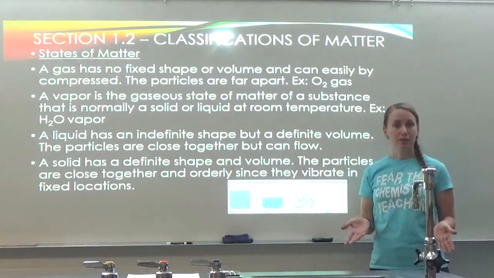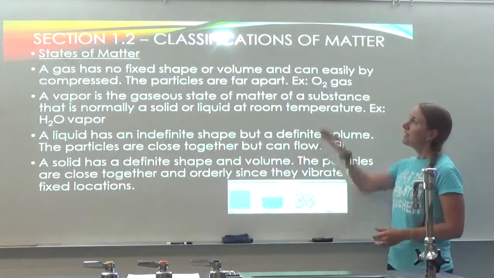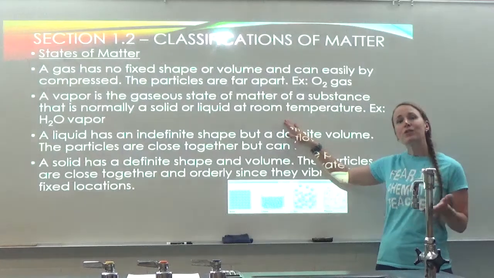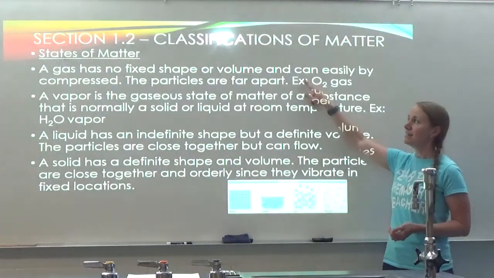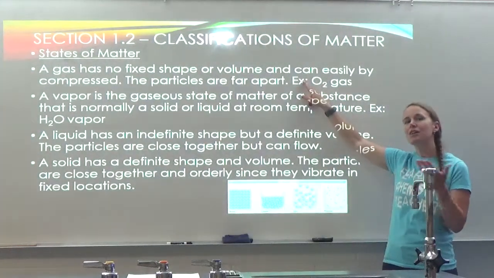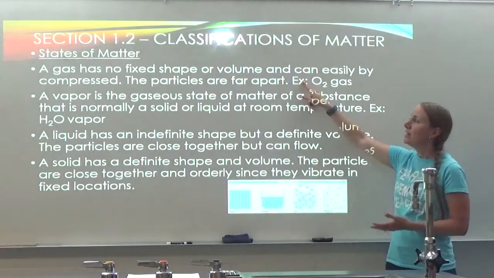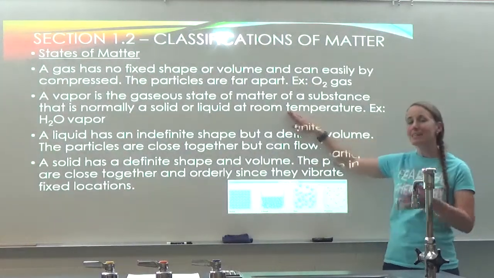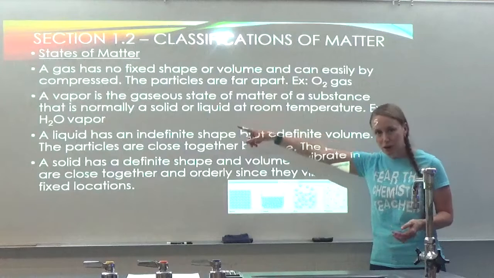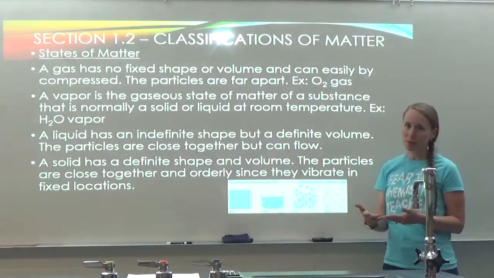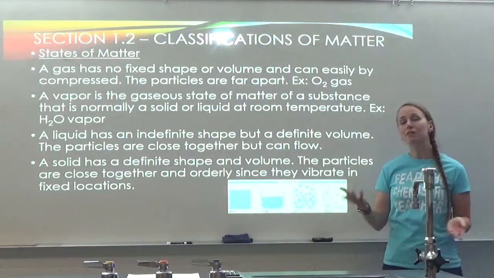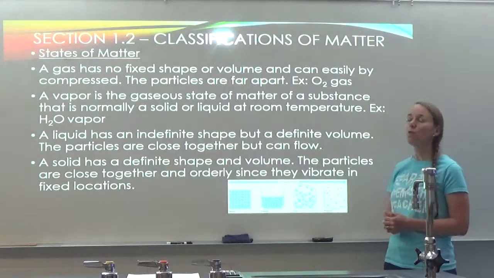Example, water vapor. The only difference between a gas and a vapor, they are both the gas state, is that a gas is a gas at room temperature, whereas a vapor is a solid or liquid at room temperature, like water, and we need to heat it to become a gas. That's when we refer to it as a vapor.